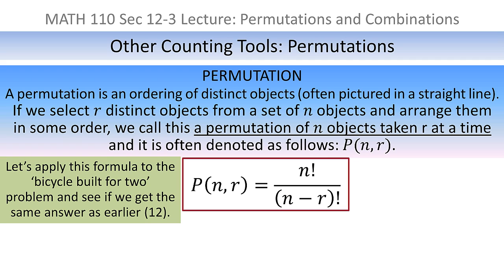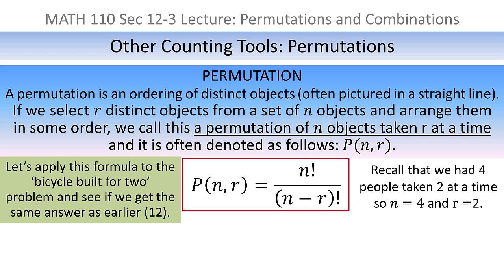So if I go back and apply that to the bicycle built for 2 problem, let's show that this formula actually gives you the same answer, which was 12, that we got by doing it by brute force. So all I've got to do is remember I was choosing from 4 people and I was taking them 2 at a time. So n is 4 and r is 2.